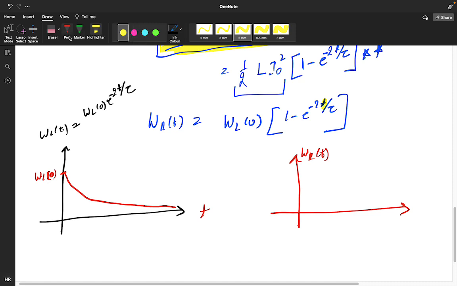So initially the resistor had how much energy? Zero energy. Then if you put t equals infinity, e power minus 2t by tau will become 0. So you will get WL of 0, right? If you put t equals infinity, e power minus infinity is 0.